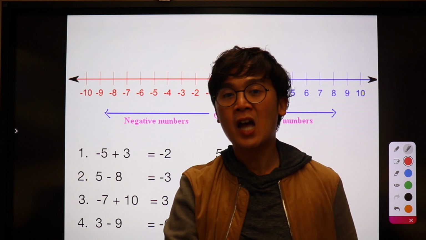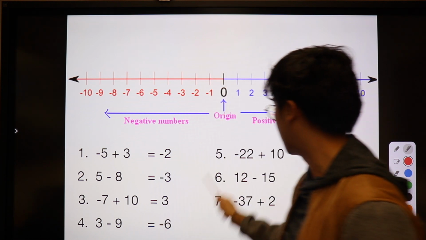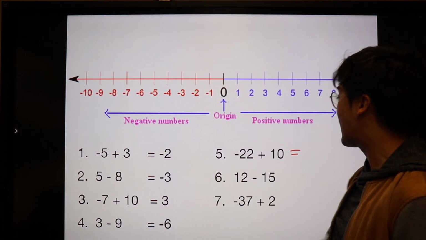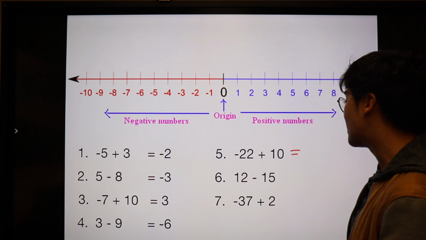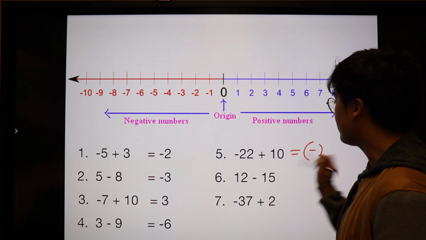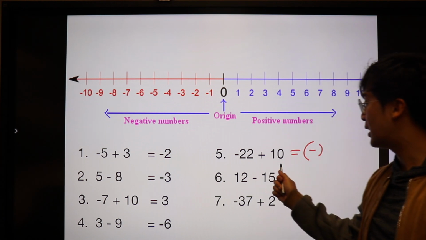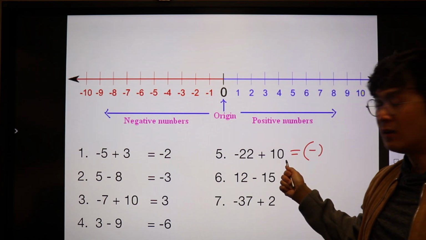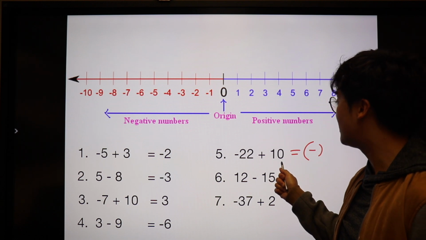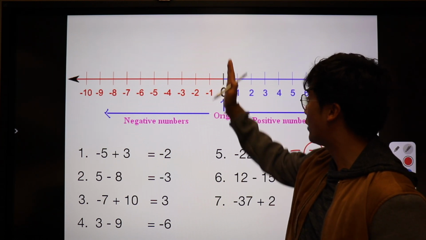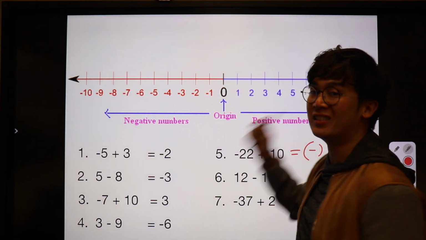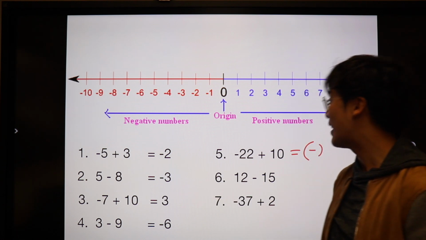What do you think is the sign of your answer for problem number 5? In this case, our answer would stay as a negative number, because positive 10, or the movement to the positive direction, is not going to reach beyond 0. That's why your answer is still going to be negative.